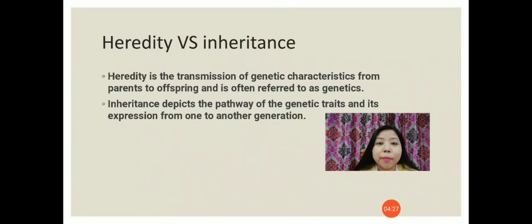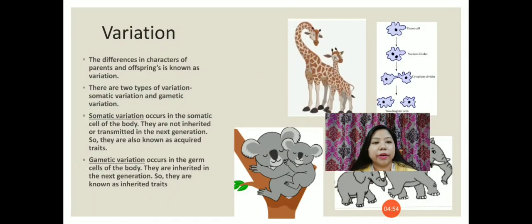Inheritance depicts the pathway, meaning how it is transmitted. Inheritance depicts the pathway of the genetic traits and their expression from one generation to another. So how the characteristics pass from the parents to the offspring, what the pathway is, and how it is expressed in the offspring from one generation to another is inheritance.